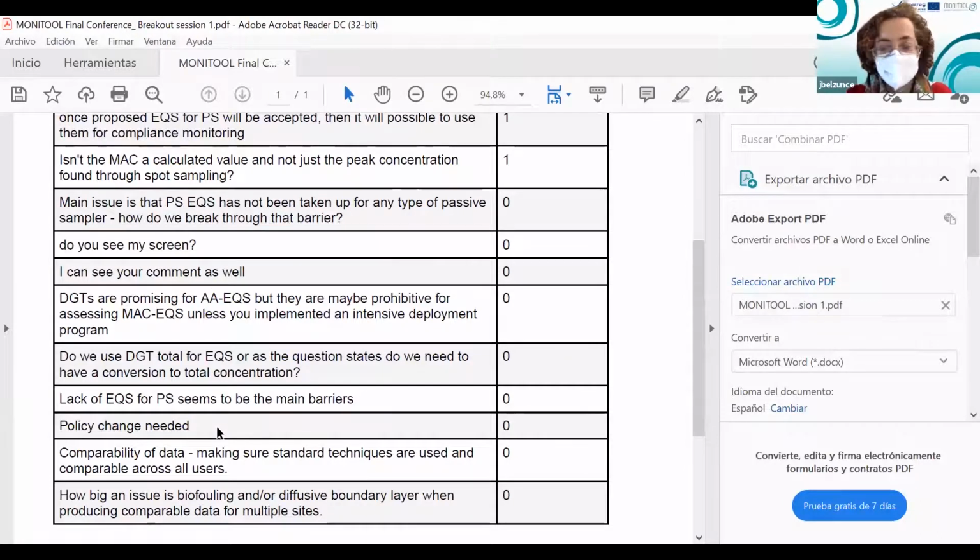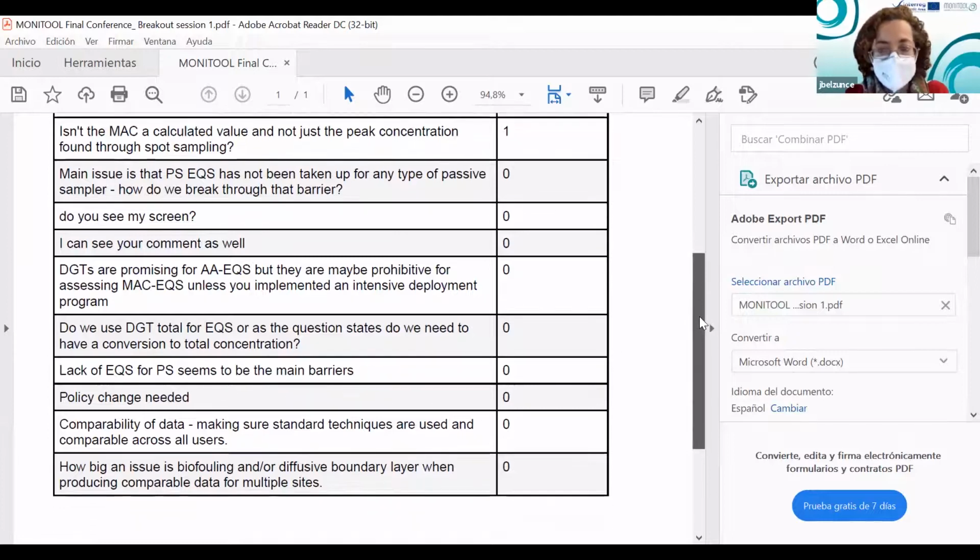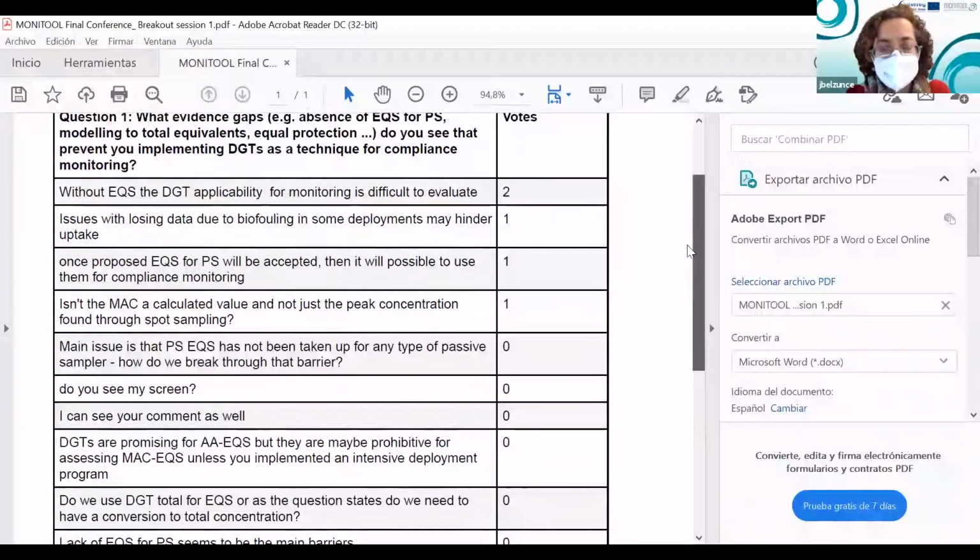Another response was the policy change needed, the legislation. Also, another concern was the comparability of data. This means making sure that the standard techniques are used and comparable across all users. So I think these are the main ones, the EQSs.